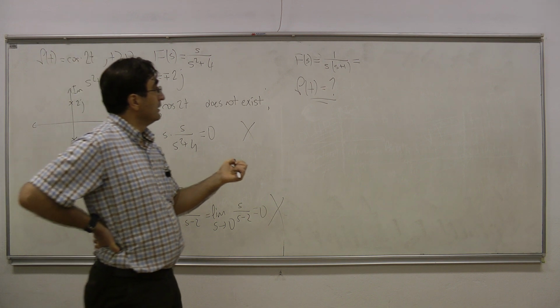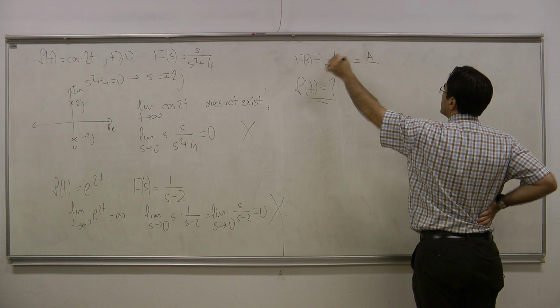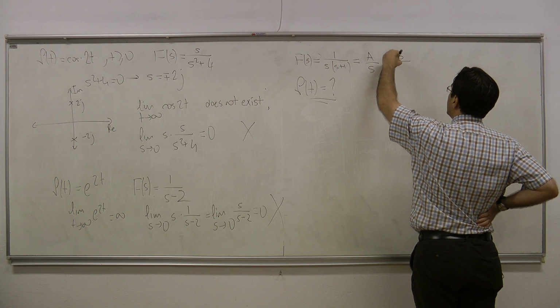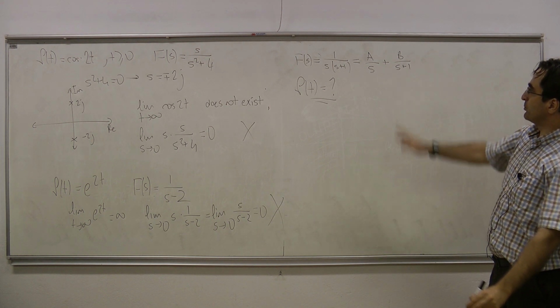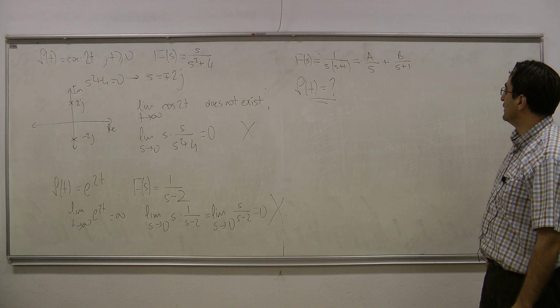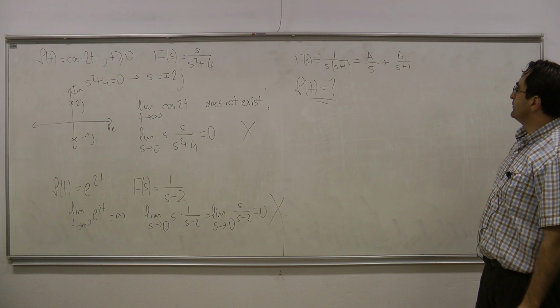In the next lecture, we are going to see that I can actually write this Laplace transformation like this: a over s plus b over s plus 1. This is called partial fraction expansion. We are going to see the details in the next lecture. But do you think this is useful?